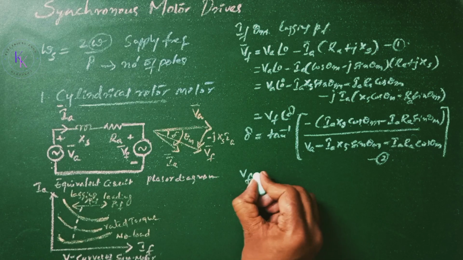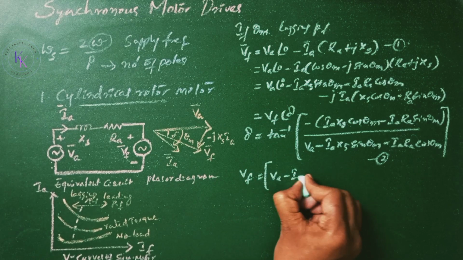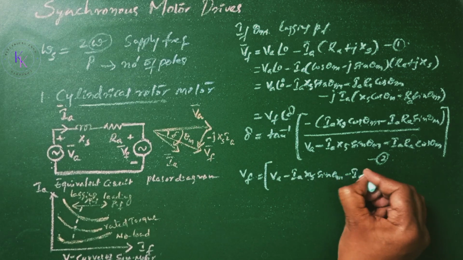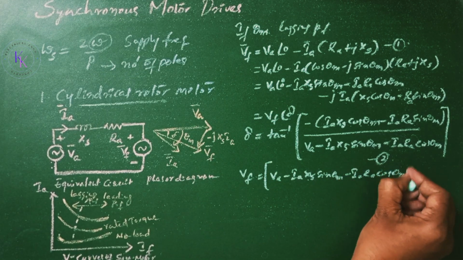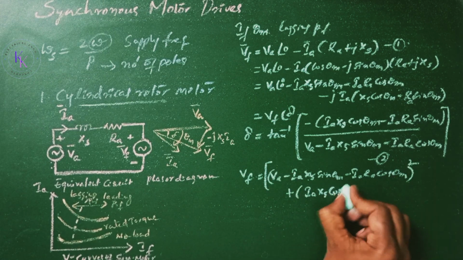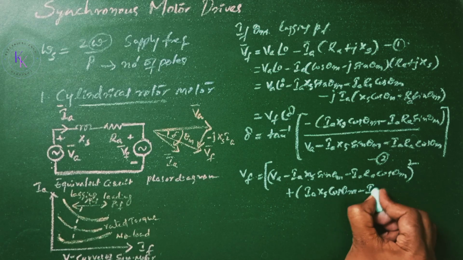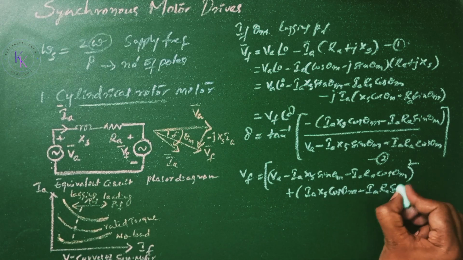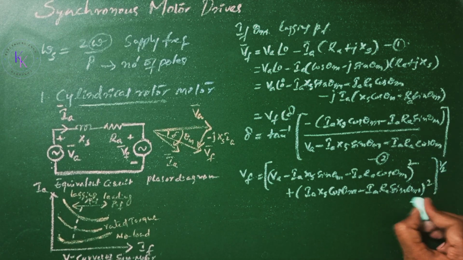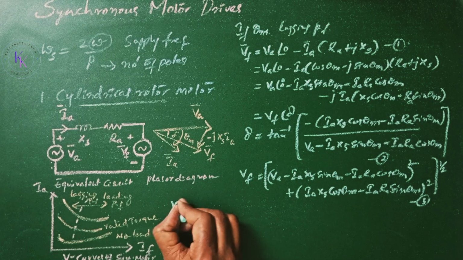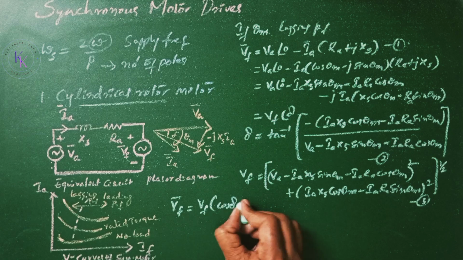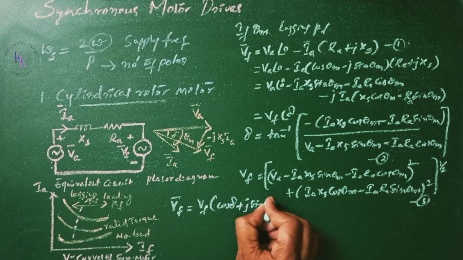The magnitude Vf is given by Va minus Ia XS sin theta m minus Ia Ra cos theta m whole square plus Ia XS cos theta m minus Ia Ra sin theta m whole square, the entire thing under the square root. Let it be equation number 3. From the phasor diagram, Vf equals Vf cos delta plus j sin delta.